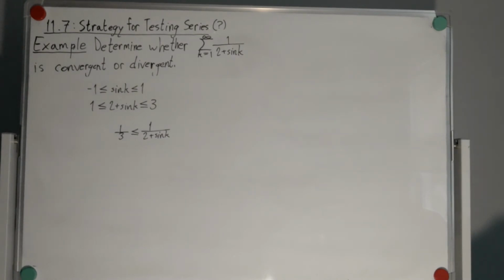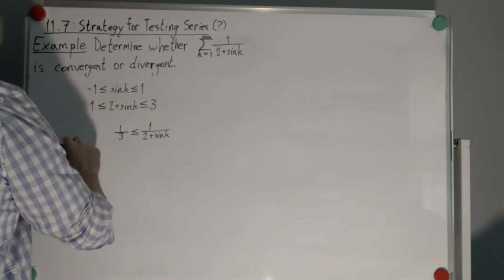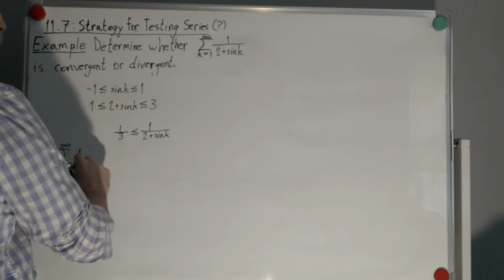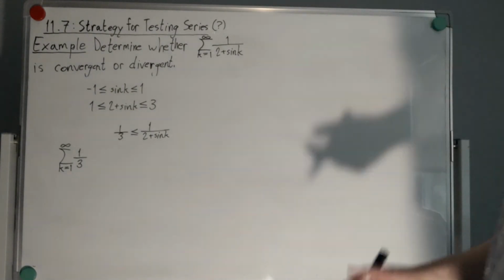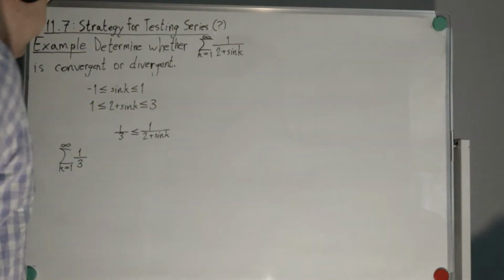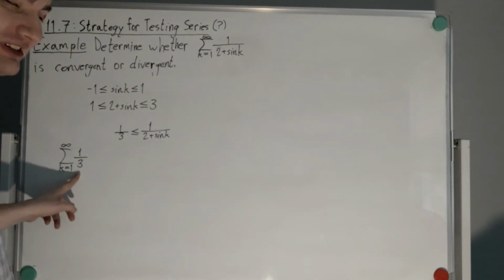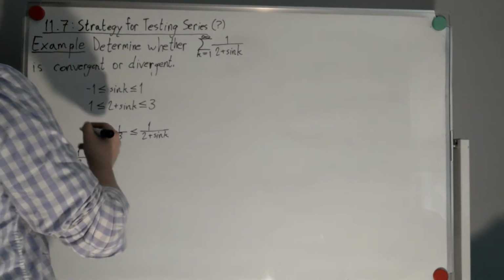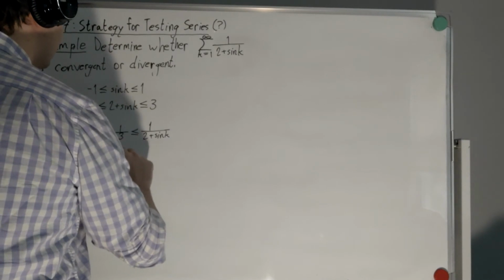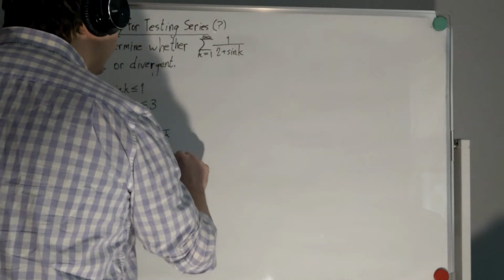But let's look at the sum from k equals 1 to infinity of 1/3. Well, that's divergent, right? This is divergent because, of course, its terms don't approach 0, they just approach 1/3. So this is divergent by the test for divergence.